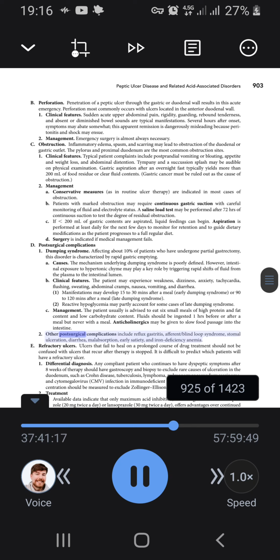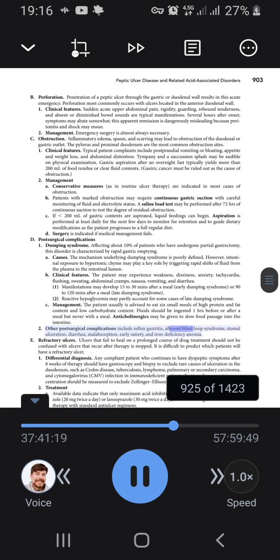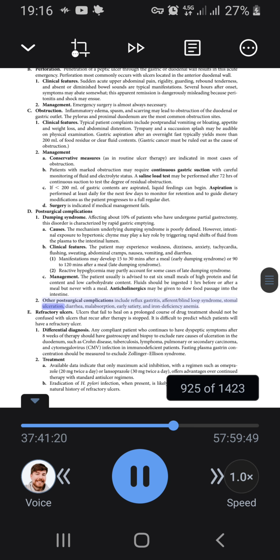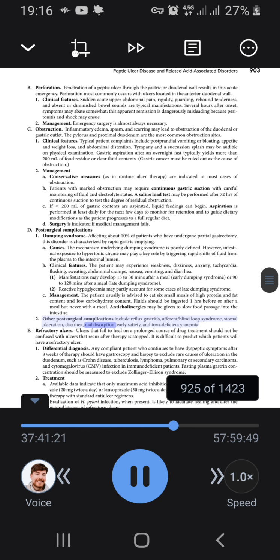Other post-surgical complications include reflux gastritis, afferent blind loop syndrome, stomal ulceration, diarrhea, malabsorption, early satiety, and iron deficiency anemia.